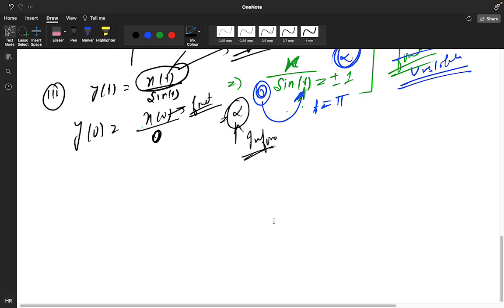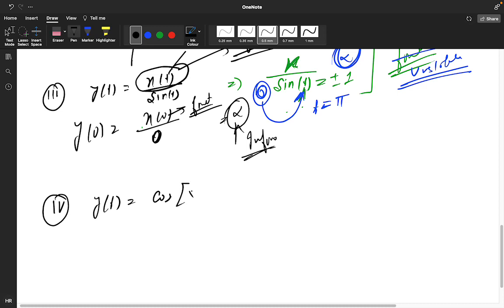What about this? y of t is equal to cos x of t. So this will be stable. Why so?